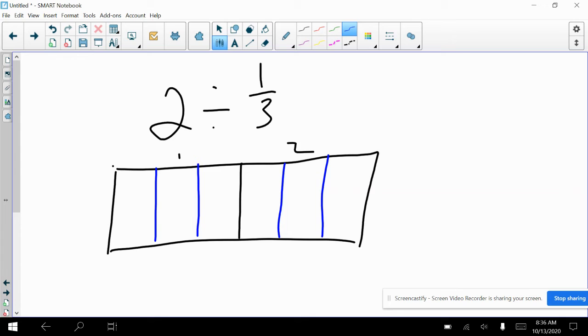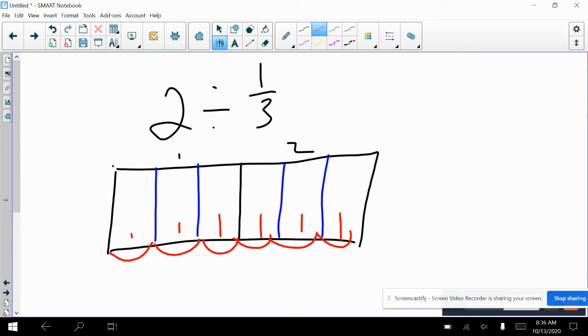And how are we going to group them? By what? By 1s, right? That's what the numerator says. So there's 1. There's 1. So how many groups do we have? Do we have any pieces and parts left over? So our answer is 6.